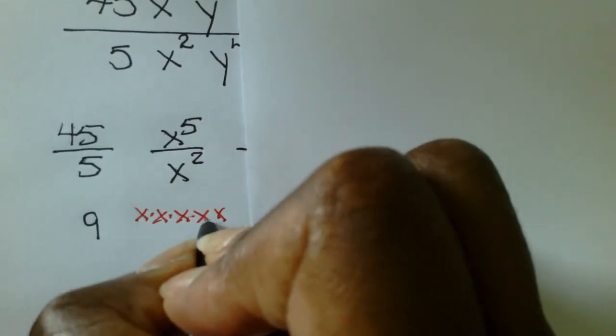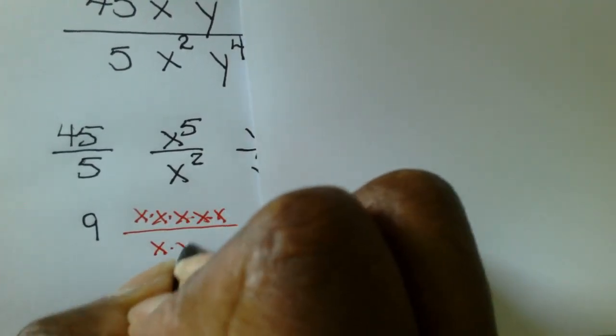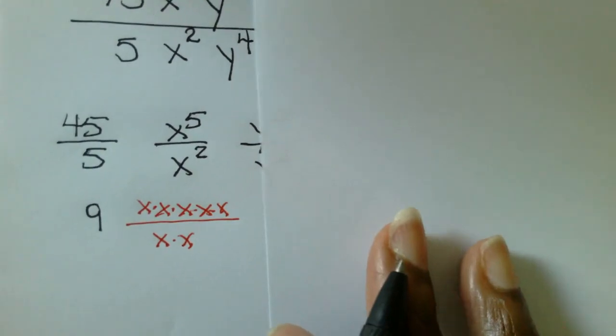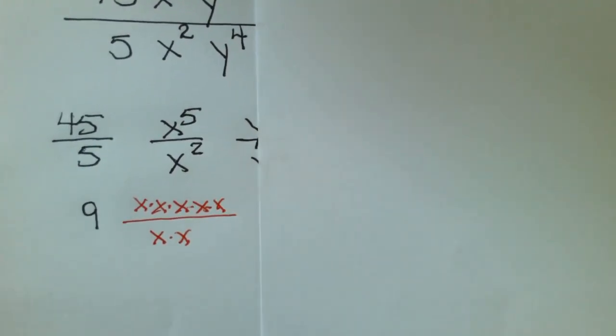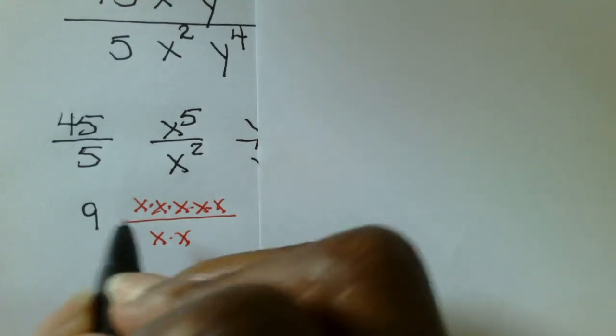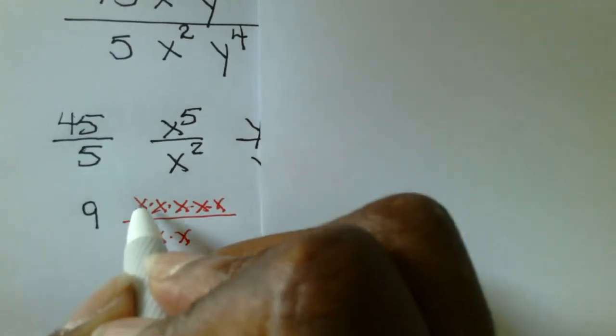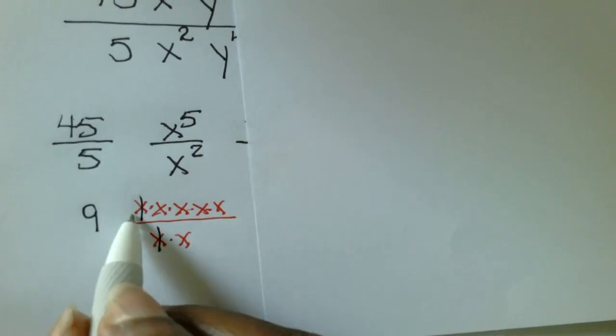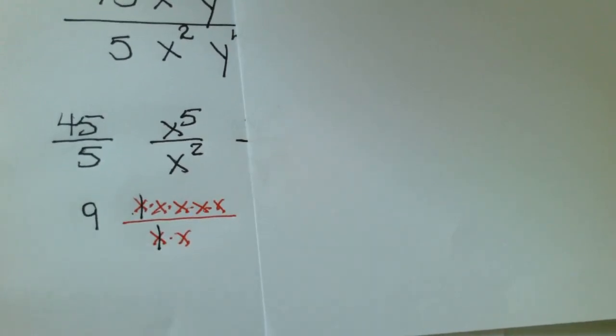Well, x to the 5th is the same as saying I'm multiplying my x's 5 times. Let me move that over a little bit. Over x being multiplied to itself 2 times. When you're dividing, you're going to have cancellation here, because x divided by x will give me 1.